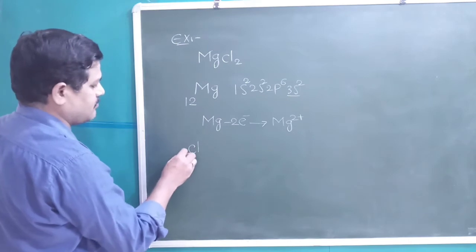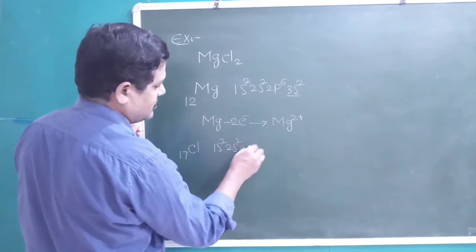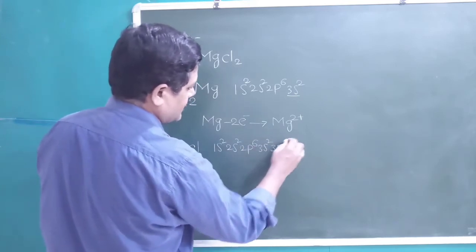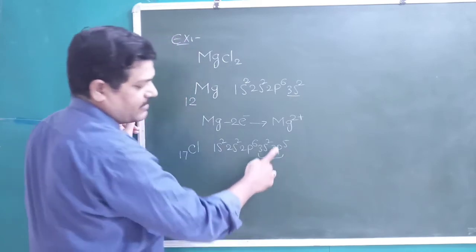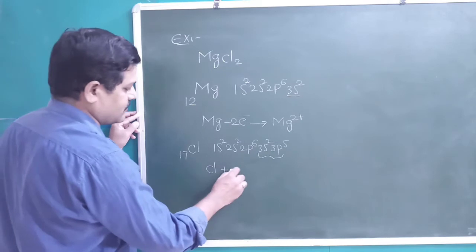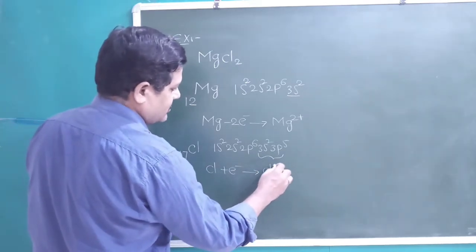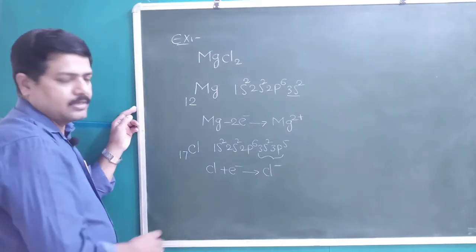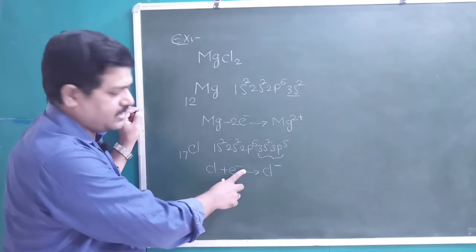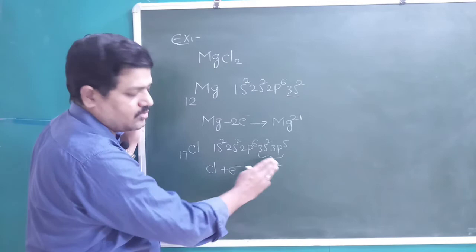Chlorine, atomic number 17, electronic configuration 1s2, 2s2, 2p6, 3s2, 3p5. Outermost shell it has 7 electrons. Being a non-metal, it will gain 1 electron and convert into Cl minus. Non-metals are atoms of elements which can easily gain electrons and convert into anions, electronegative ions.